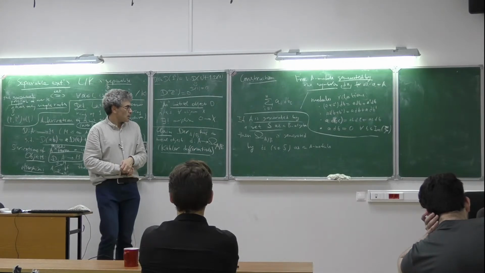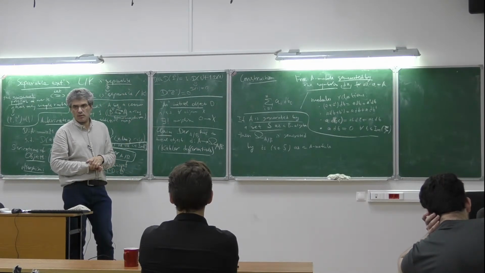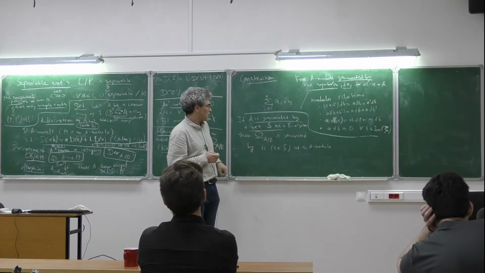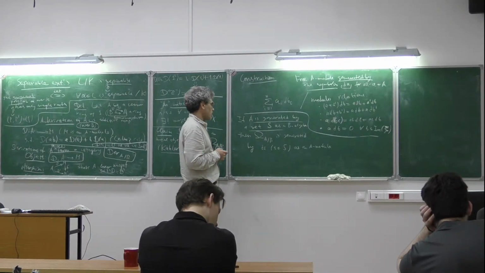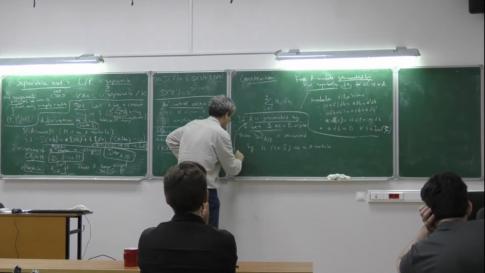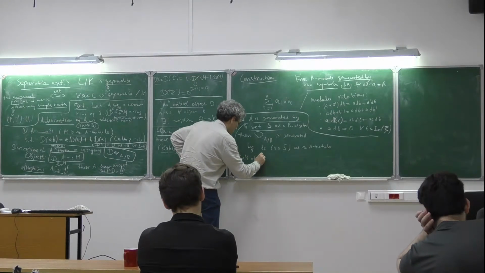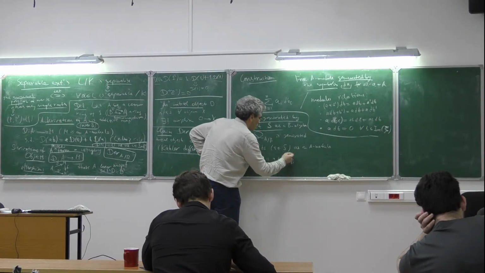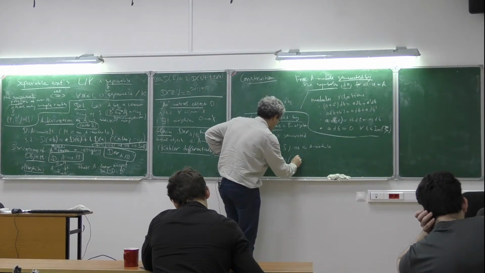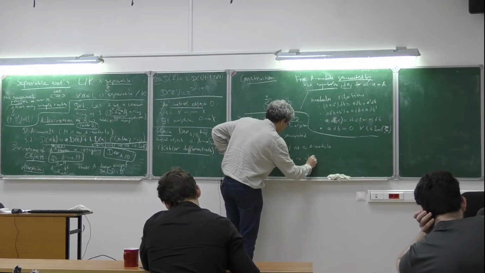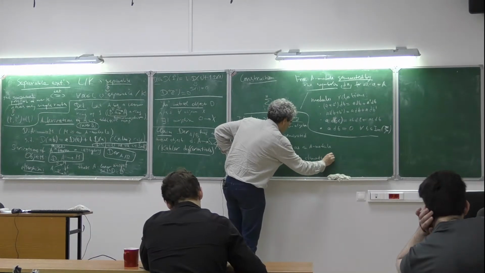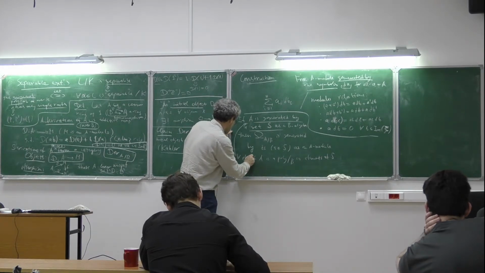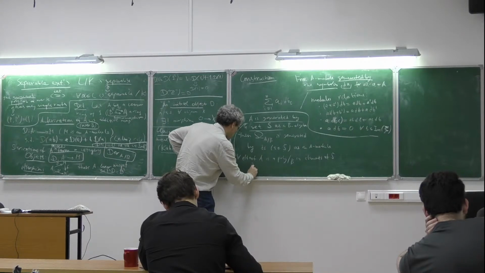This means that any element of A can be presented as a polynomial over B, or over its image, in the elements of S. And then this means that for any element a, da.